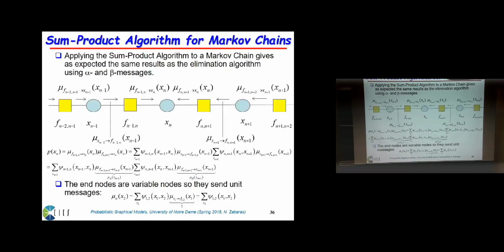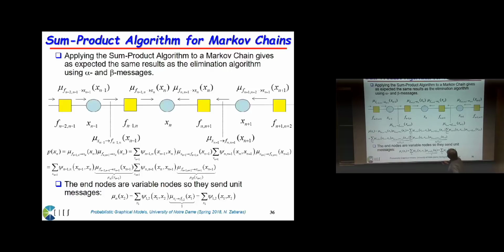Now, will you agree with me that this message here is the same as that message? We calculated this message as this factor times this message, and we integrated out xn minus 1.